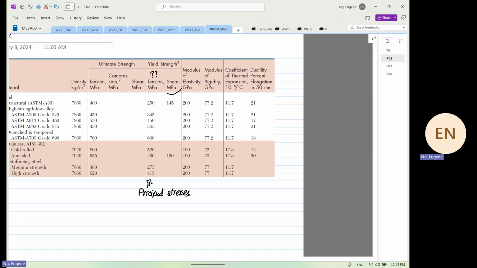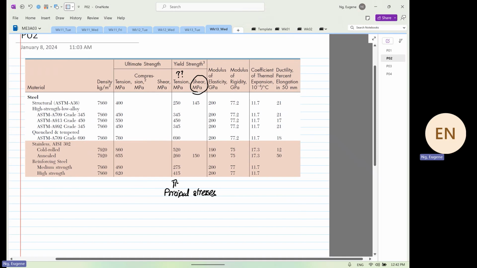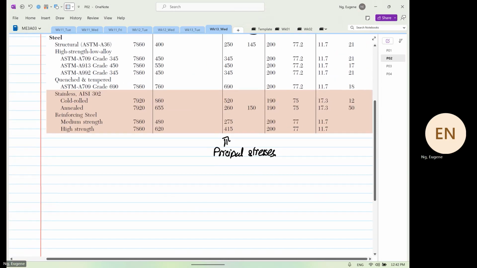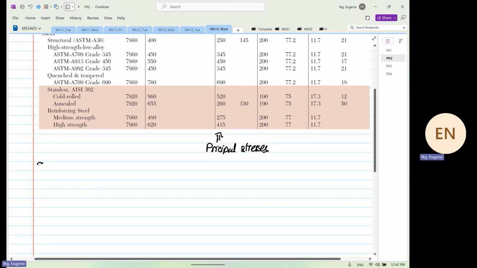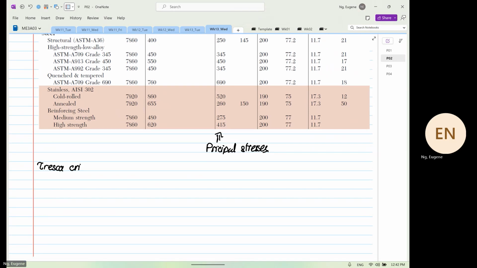And if you look at the shear, remember, based on the Tresca criteria, we have shear max equal to stress yield divided by 2.